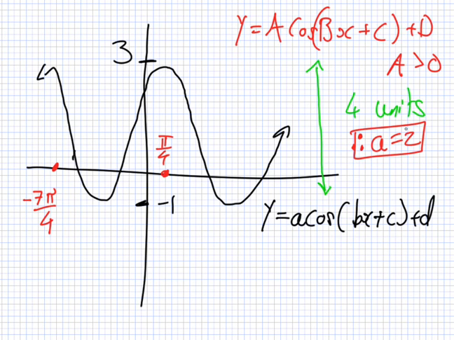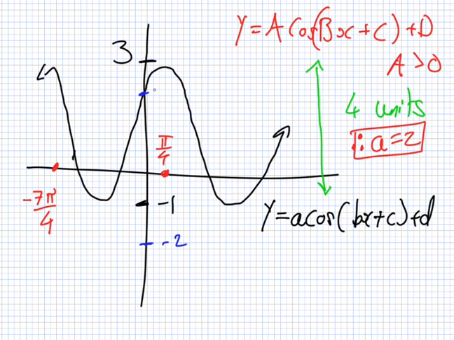Next. If I have 2 cosine, what is the minimum and what is the maximum for 2 cos? 2 to minus 2. But what does this graph do? It goes from minus 1 to 3. Therefore, what happened to it? Moved up. How much? 1 unit.